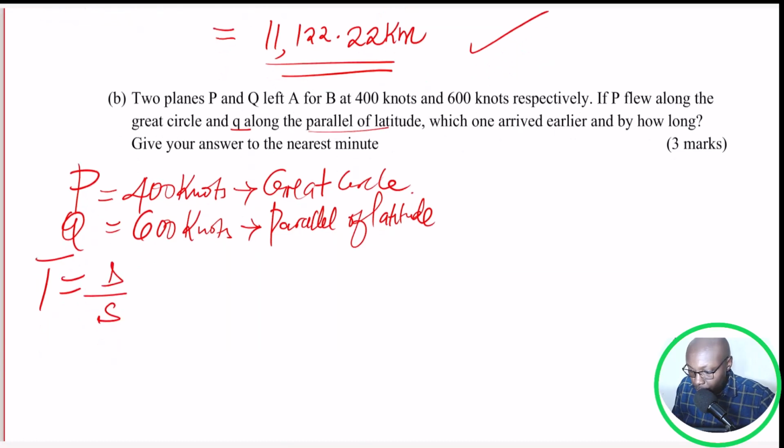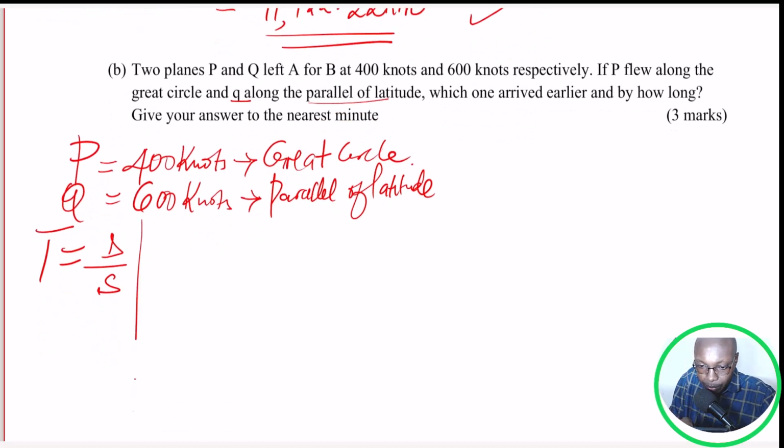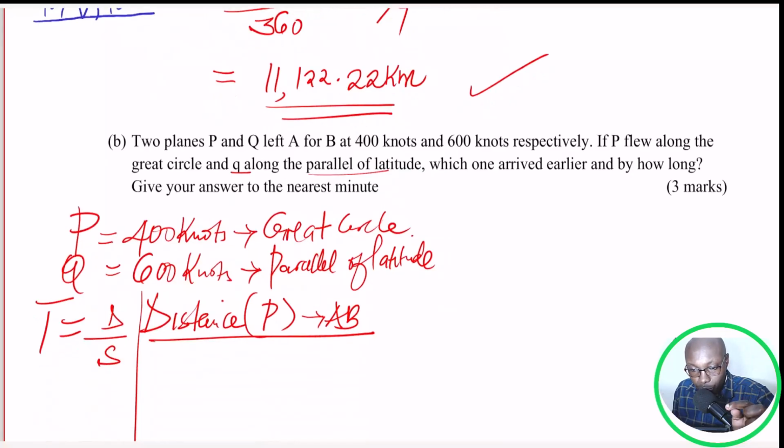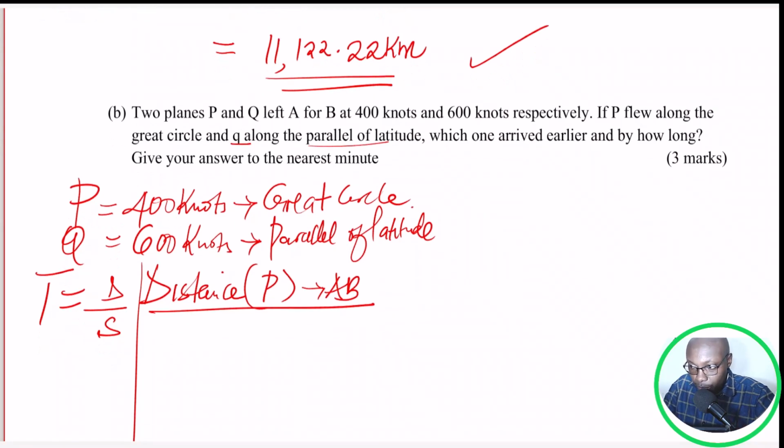So we start with P. For P, we need to get the distance, that is distance AB in nautical miles. How do we get distance along the great circle? P traveled along the great circle. In nautical miles, this is the formula.